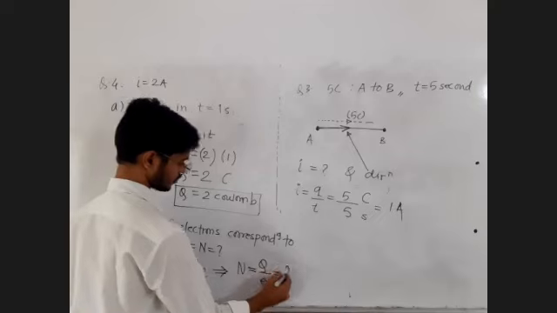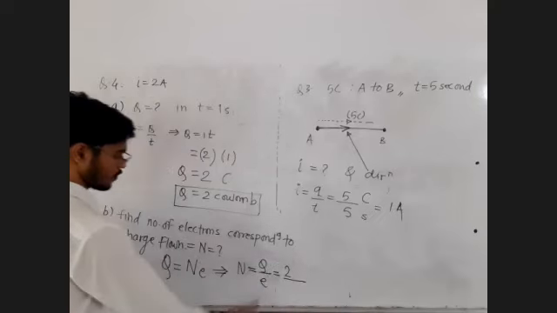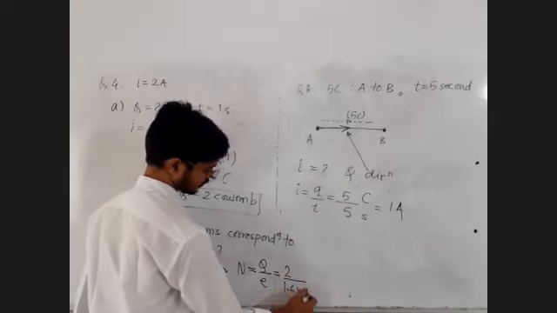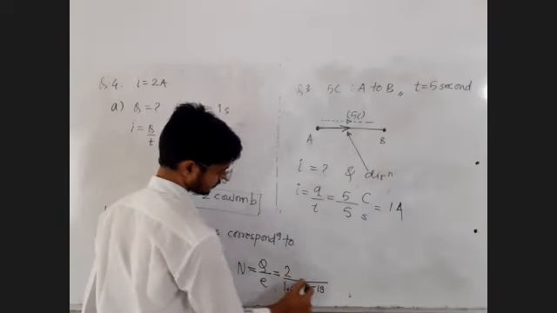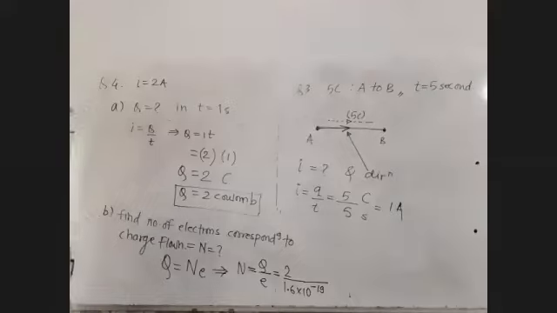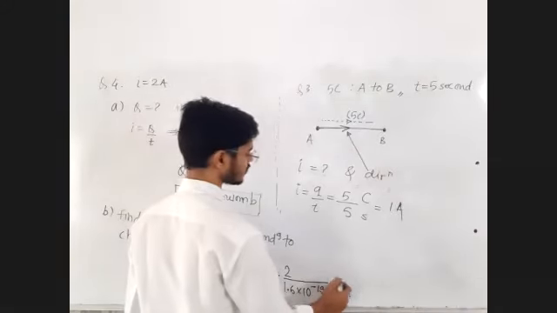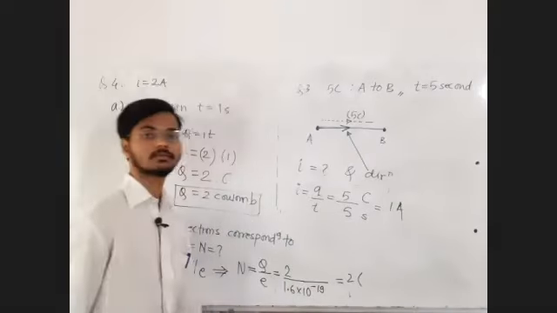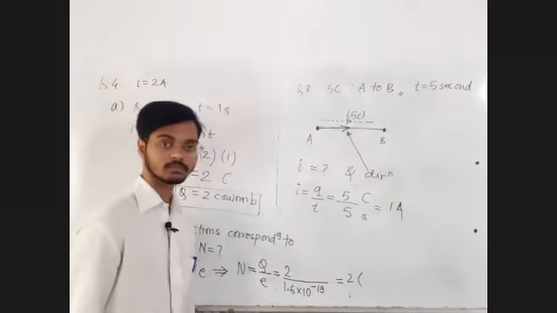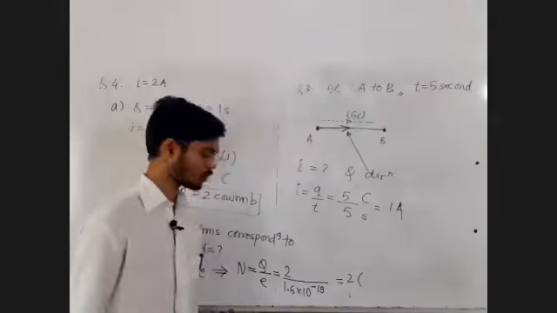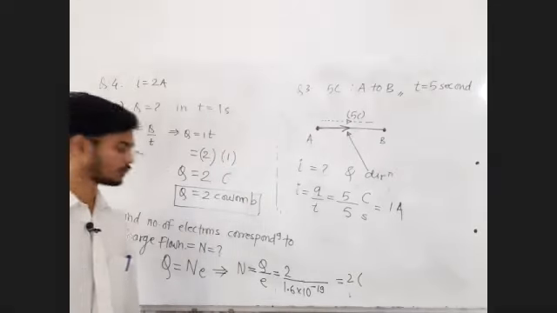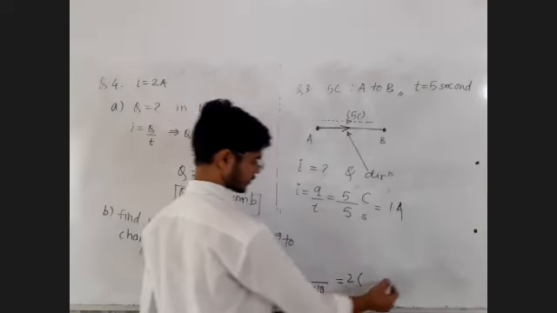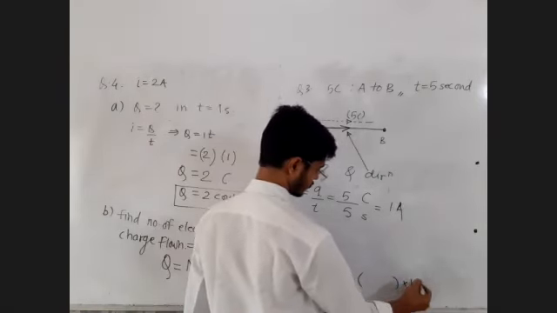Now q is equal to 2 divided by the value of e in coulomb. It is 1.6 into 10 raised to minus 19. Now what is 1 upon 1.6? Fast. We all remember this. This 10 raised to minus 19 will become 10 raised to plus 19. What is 1 upon 1.6?